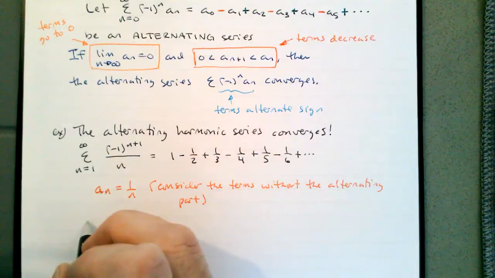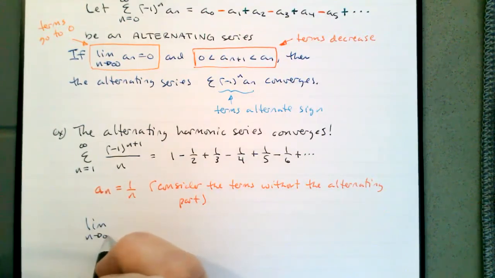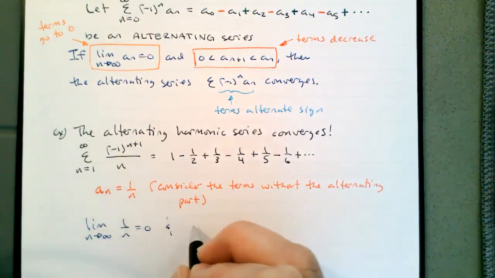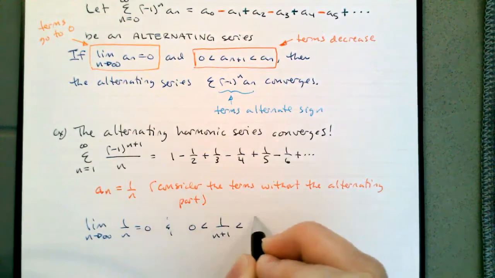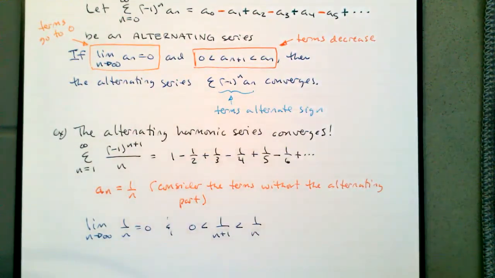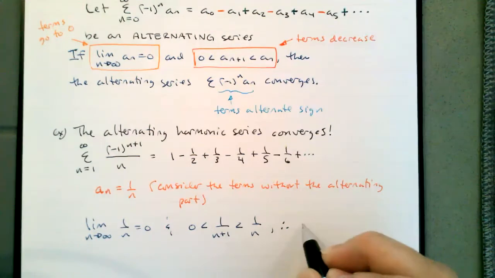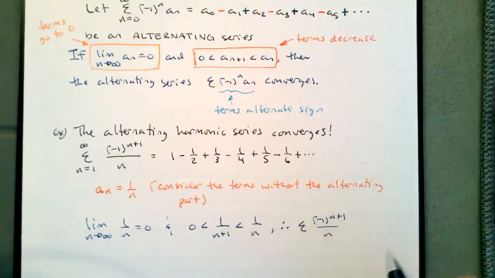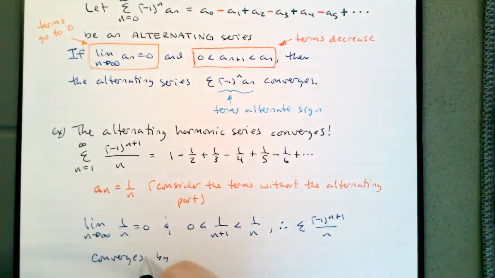We could say that since the limit as n goes to infinity of 1 over n is equal to 0, and 1 over (n+1) is less than 1 over n, therefore the alternating series (-1)^(n+1) over n converges by the alternating series test.